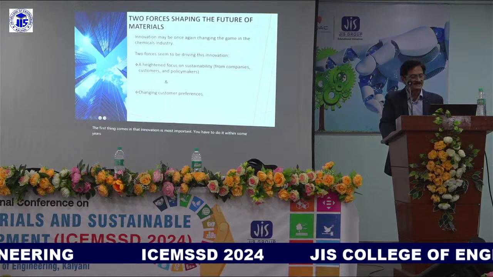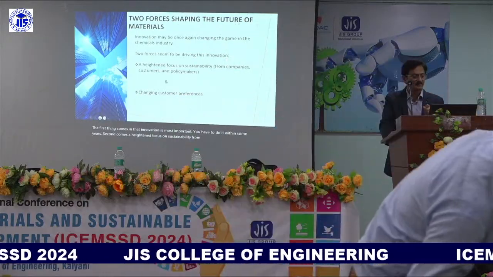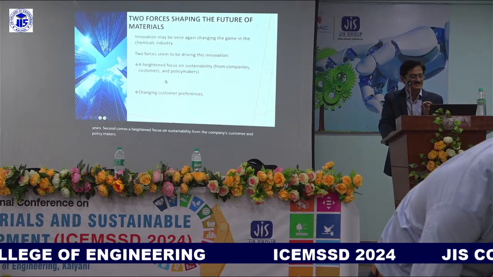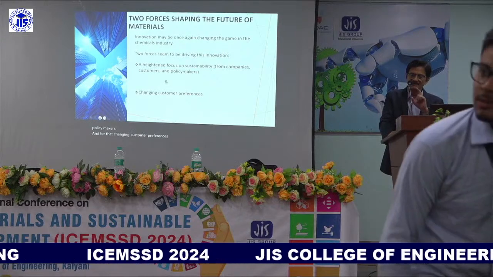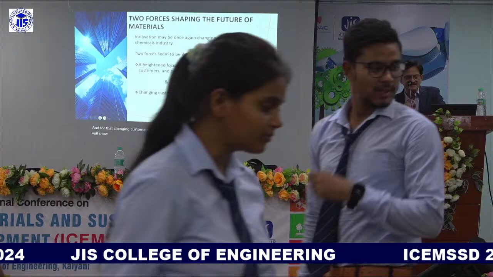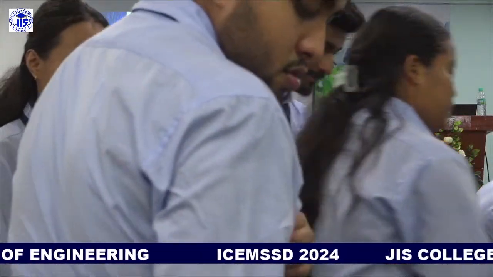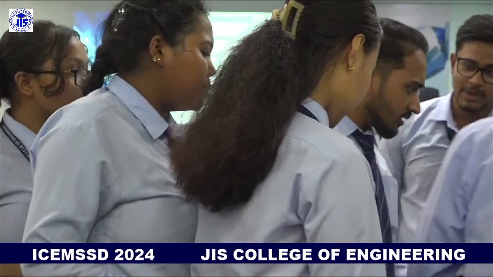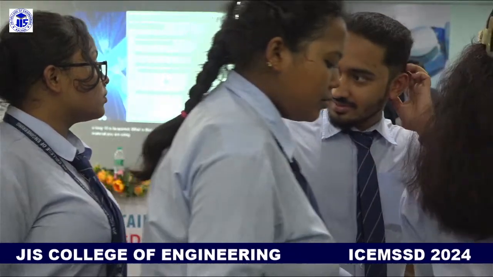Second comes a heightened focus on sustainability from the company's customers and policy makers, and for that, changing customer preferences. See, I'll show you in the examples in stages: when you use a badminton racket or lawn tennis racket, what material were you using before? But what material are you using now? It's a substance called propane.